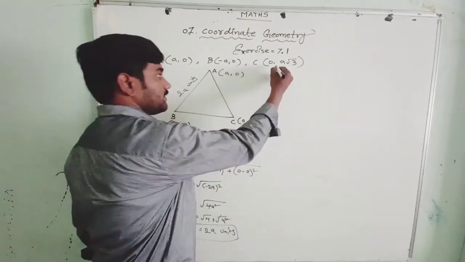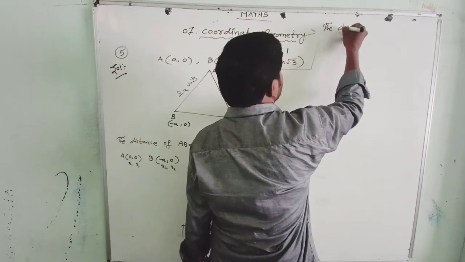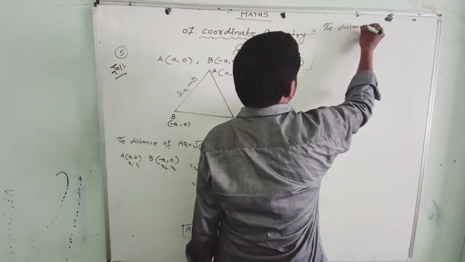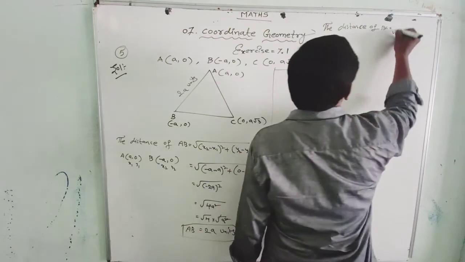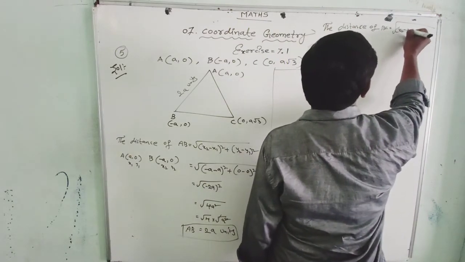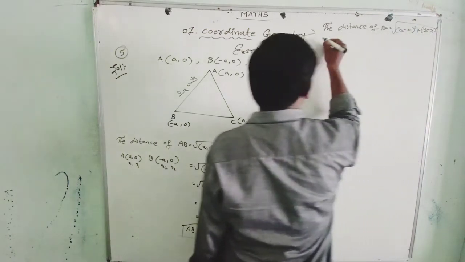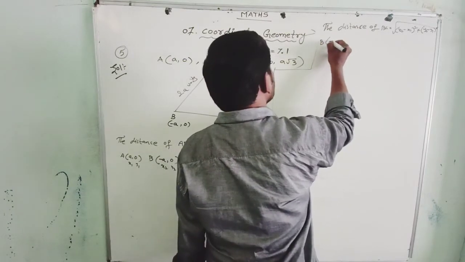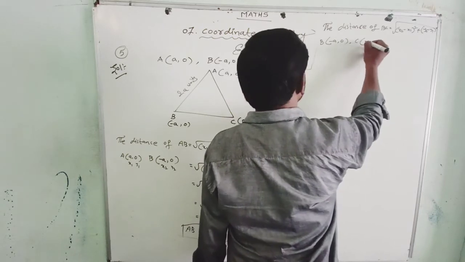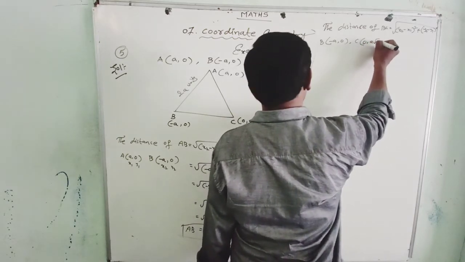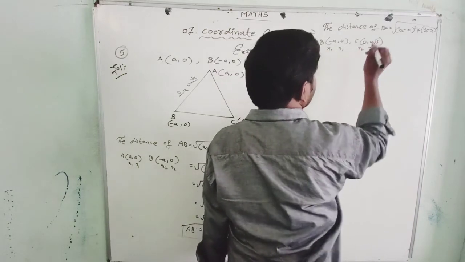Now what is BC? The distance of BC equals under root of (x2 minus x1) whole square plus (y2 minus y1) whole square, where point B is (minus a, 0) and point C is (0, a root 3). Here it is x1, y1, x2, y2.